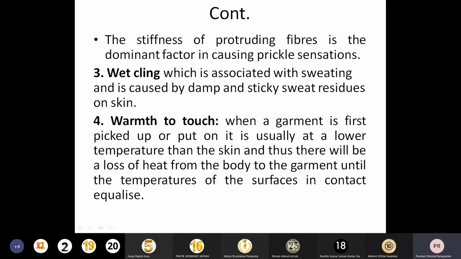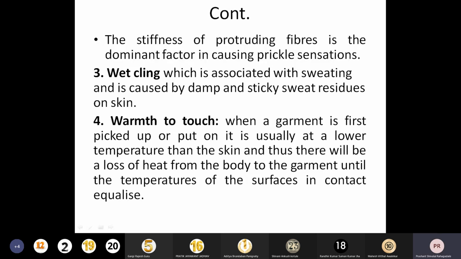But if there is a cotton fabric having mixed material like wool or polyester, then again the feeling will be different.